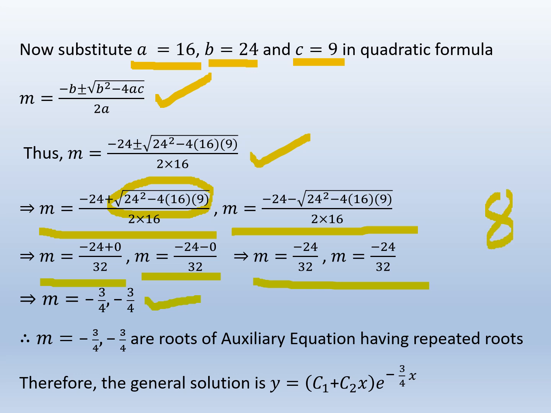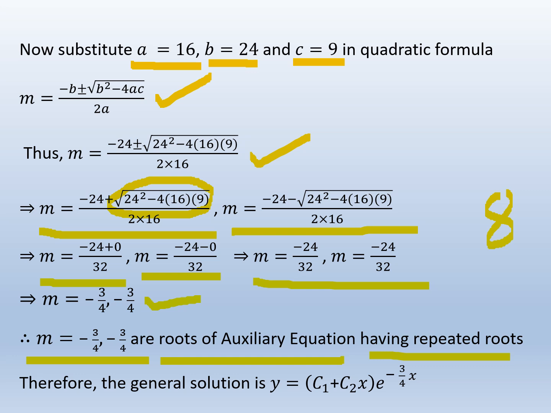Thus, M is equal to minus 3 by 4 and again minus 3 by 4 are the roots of the auxiliary equation, which are repeated roots. Here all the roots of the auxiliary equation are equal and it has two repeated roots.